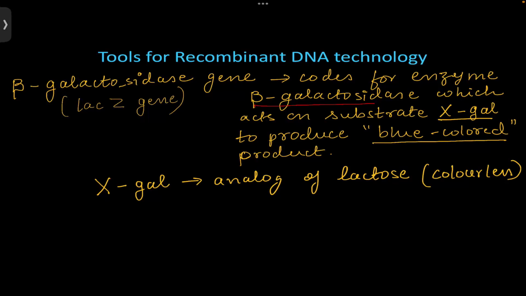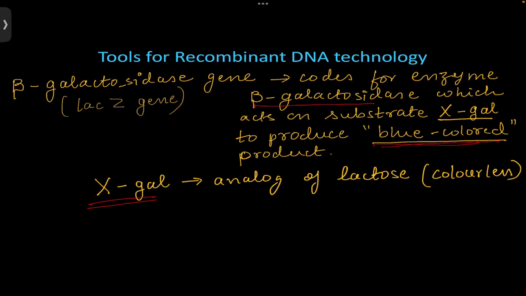But here in the culture media, we are going to add a substrate which is quite similar to lactose, and it is called X-gal. It is a synthetic analog, produced synthetically and very similar in structure to lactose. This substrate is actually colorless. When beta galactosidase acts on the substrate X-gal, which is colorless initially, it produces a product which is blue in color.